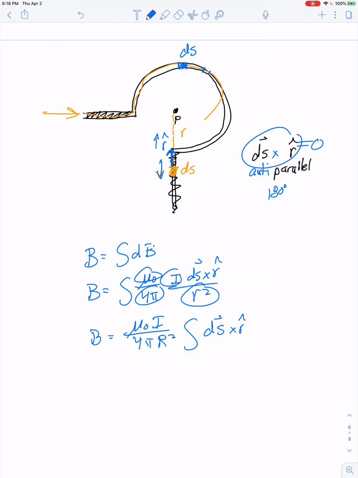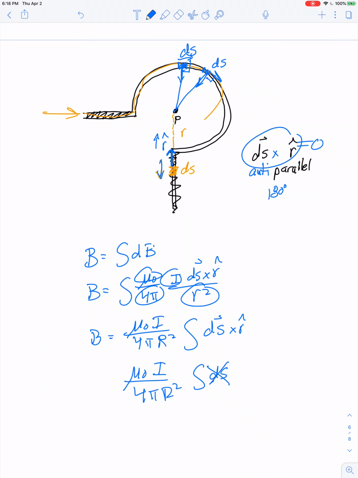But for any one of these ds in this example, ds points mostly to the right, r hat points down, and the angle between them is 90. ds points that way, r hat points that way, the angle is 90. And r hat is just a vector of length 1, so really this becomes mu naught I over 4 pi r squared, the integral of ds.